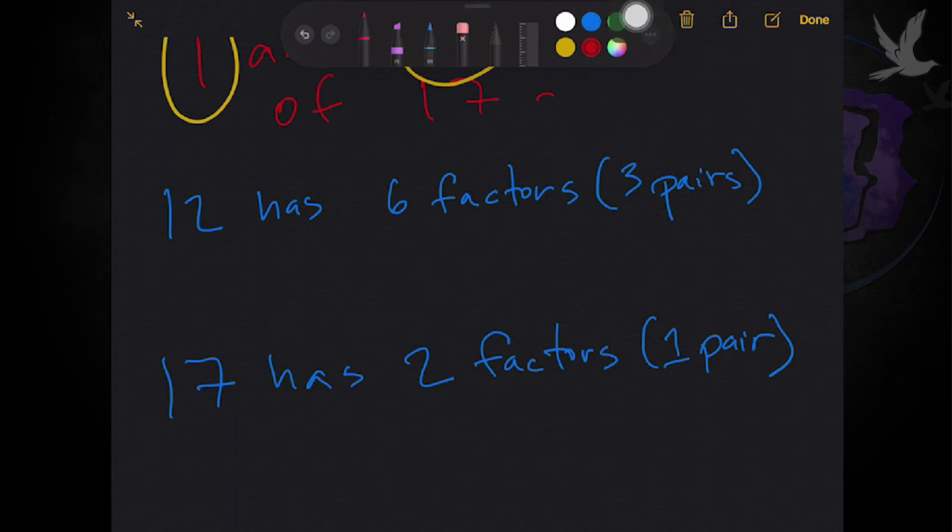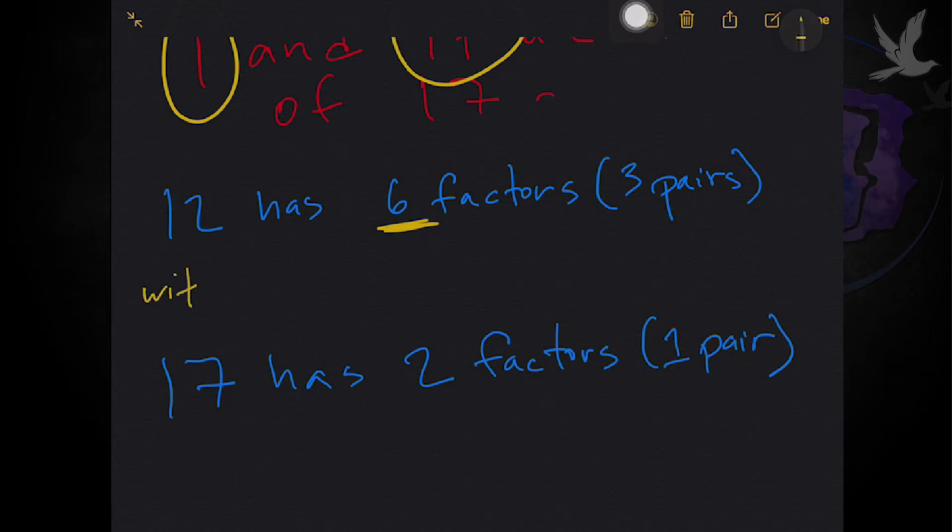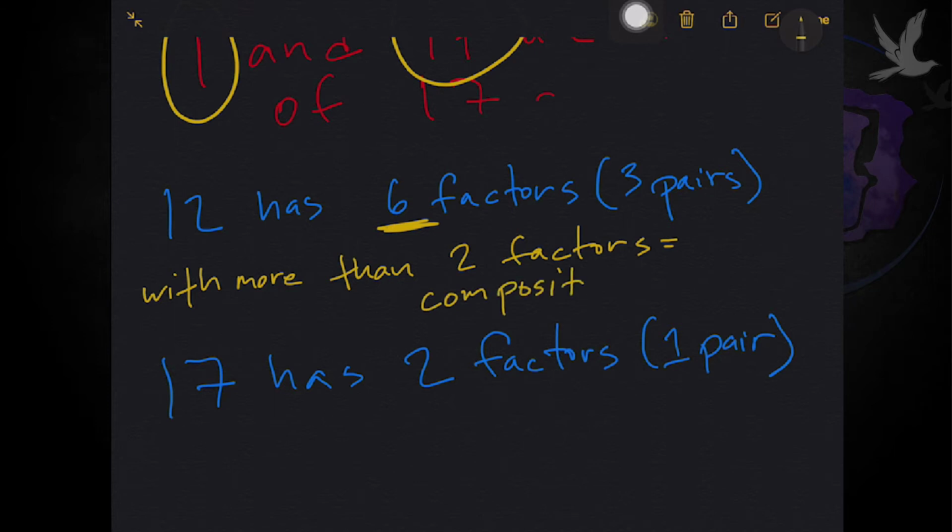So, this is additional information. Numbers with more than two factors are called composite numbers. Okay? With more than two factors, they are called composite numbers.